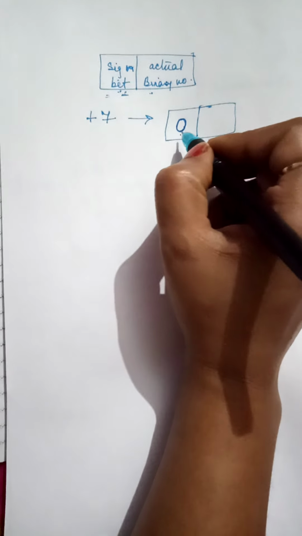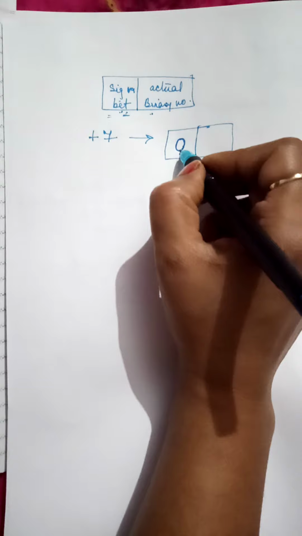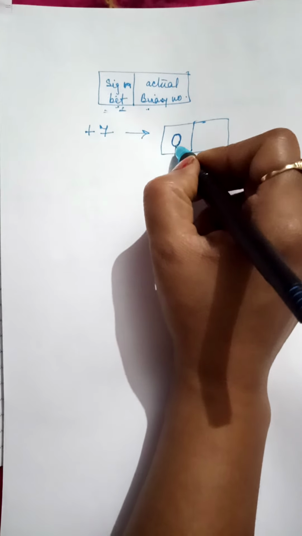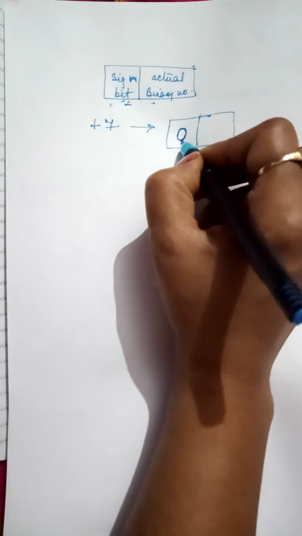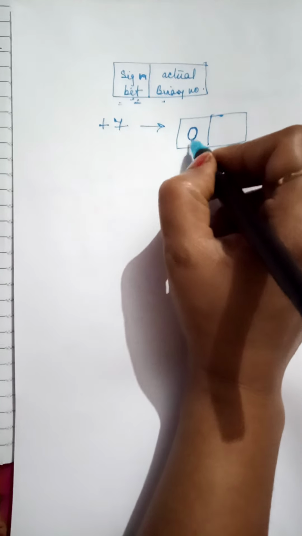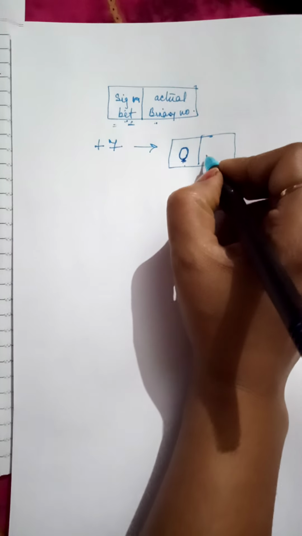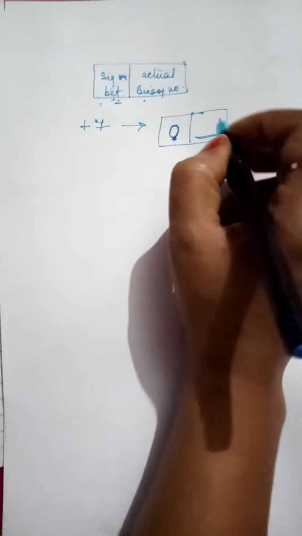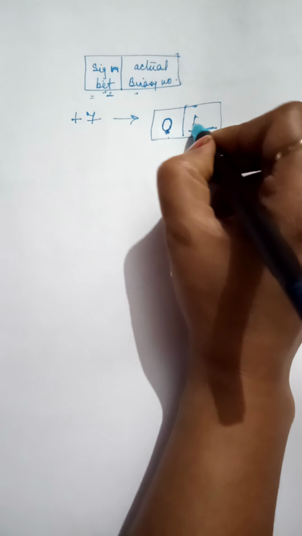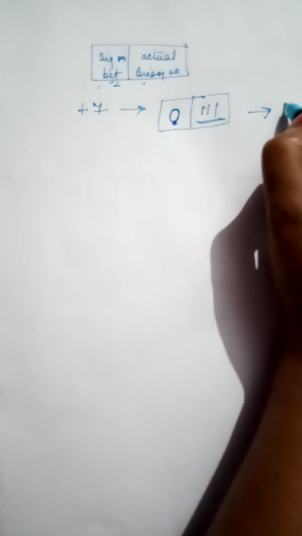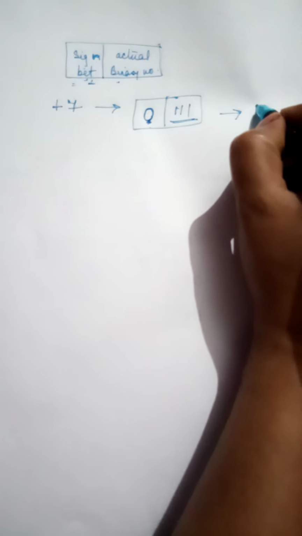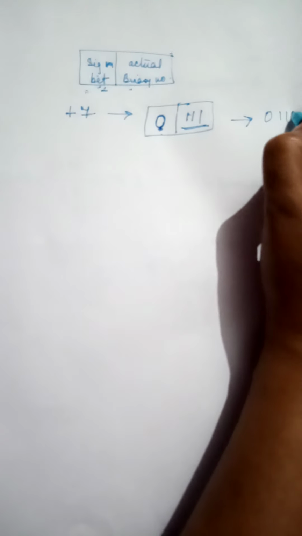A positive number, or a number with sign plus, will be represented by the sign bit 0. It means if the sign bit is 0, the number is positive. Then the actual binary number. What is the binary of 7? 111. So plus 7 will be equal to 0, 111.